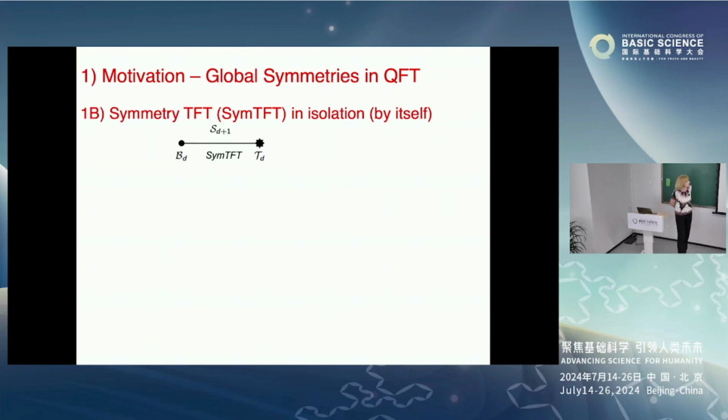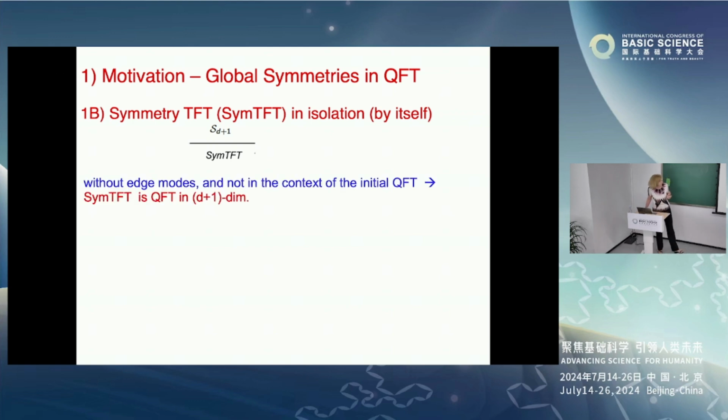Now let's look at this symmetry TFT in isolation by itself. We remove the boundary conditions, so without edge modes, and this is now looked at not in the context of the initial lower-dimensional quantum field theory.